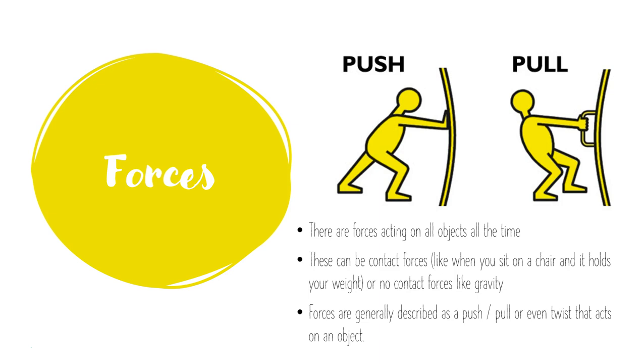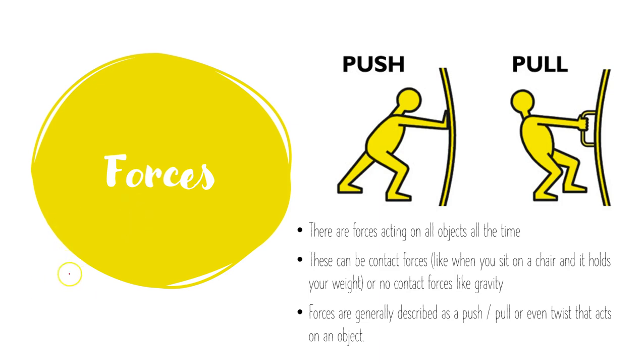There are also non-contact forces, which we can observe when we allow something to fall, and this is the force due to gravity. So generally we describe forces as being a push, pull, or a twist that allows us to move an object or start it moving.